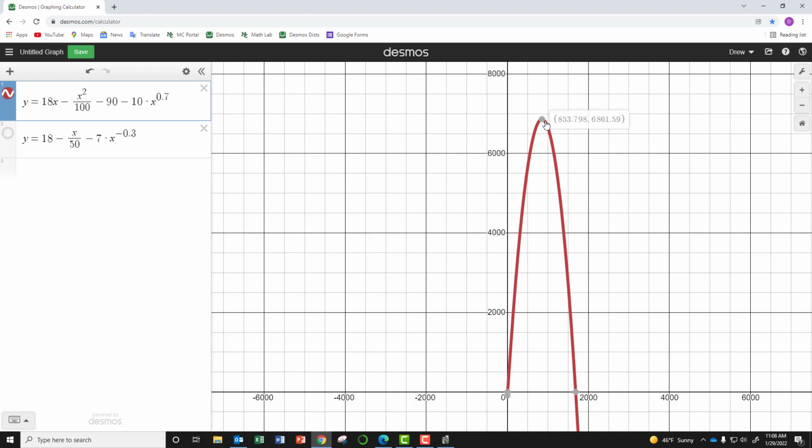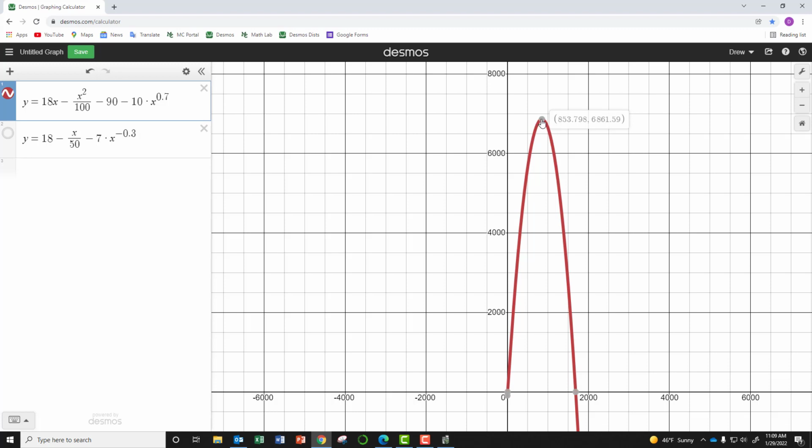And at that point, lowering your price for the whole farmer's market is going to be more detrimental to your profits than the additional customers would be beneficial to your profits, right? So that would be the perfect number of candles to sell. It's 854 candles. Now, the next thing is what is the height of this profit?